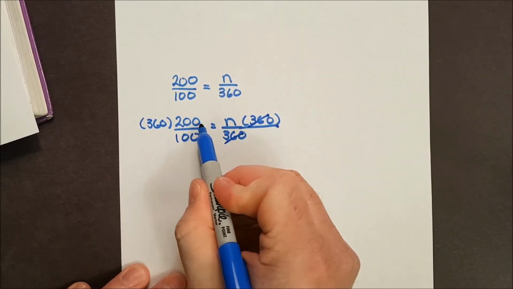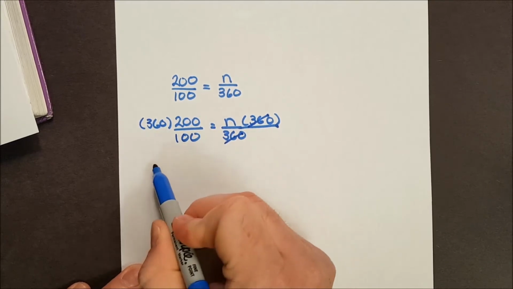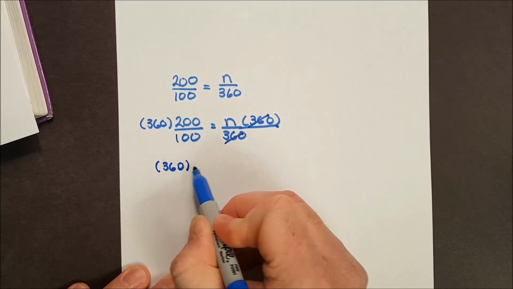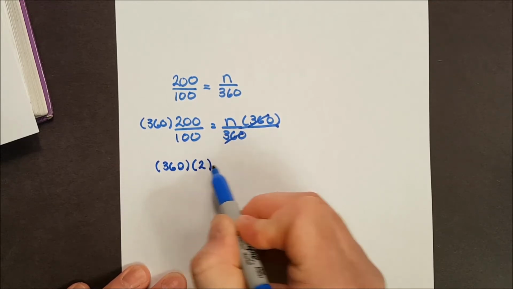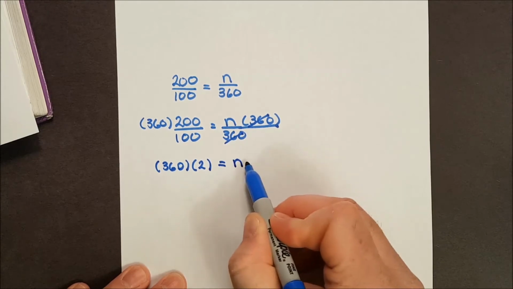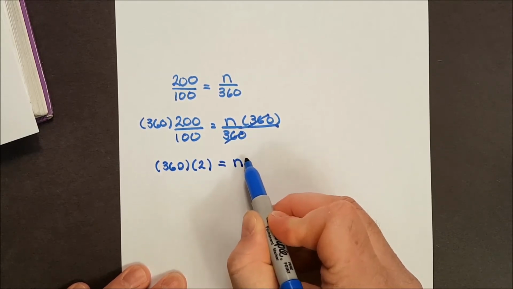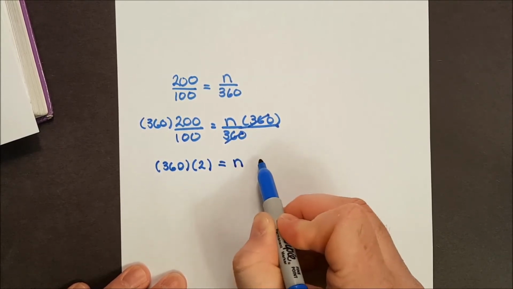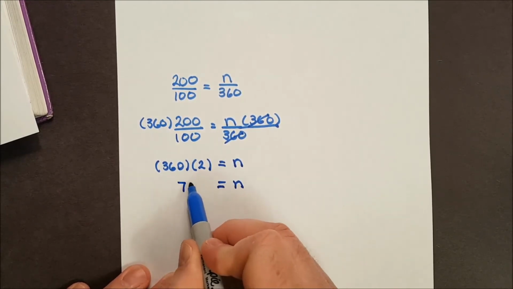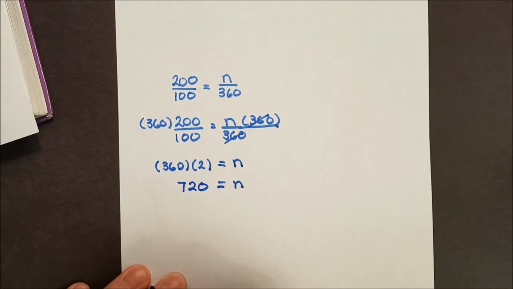What's 200 divided by 100? Well, it's simply 2. 360 multiplied by 2 equals n times 1, but we don't write the 1. So once again, simply n equals 720.